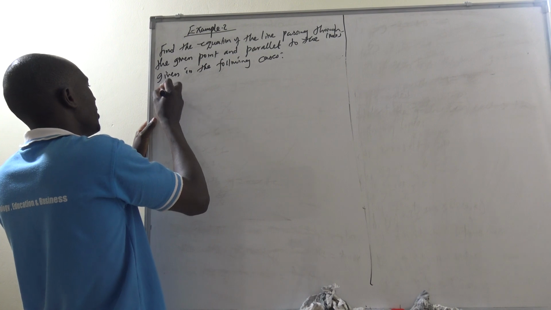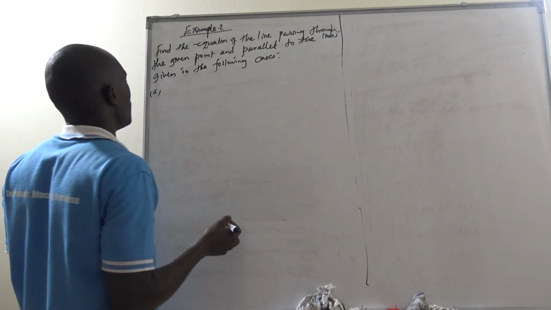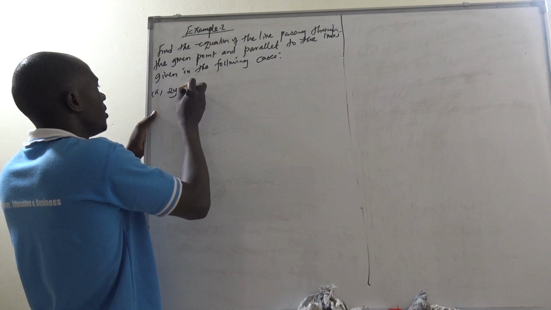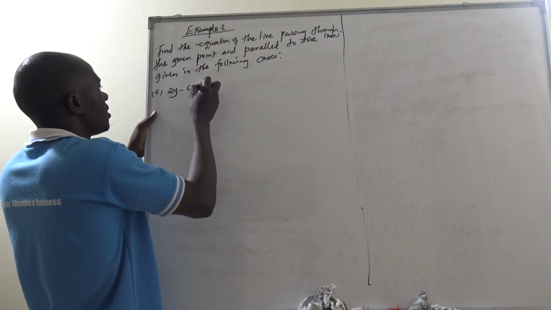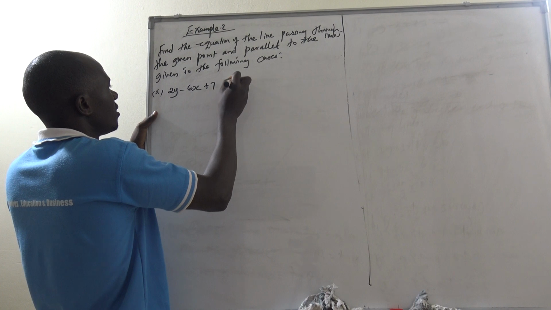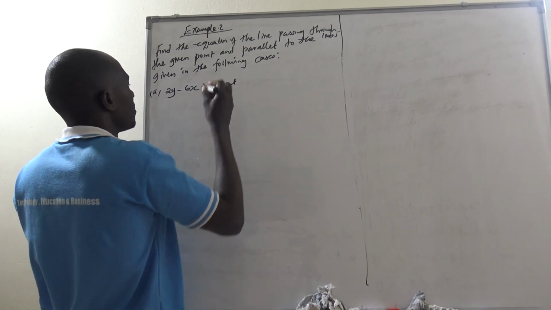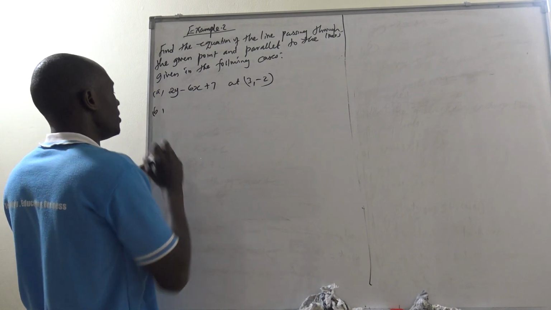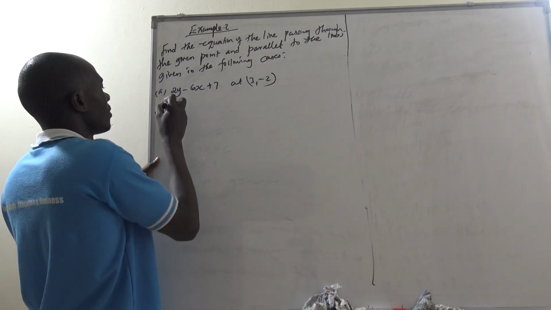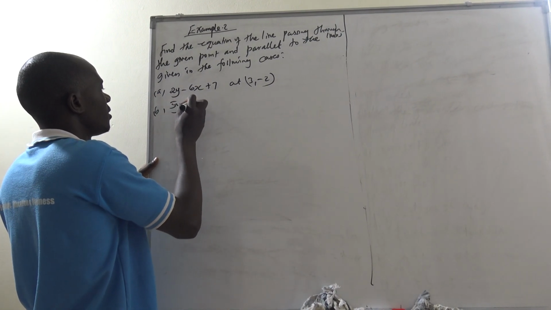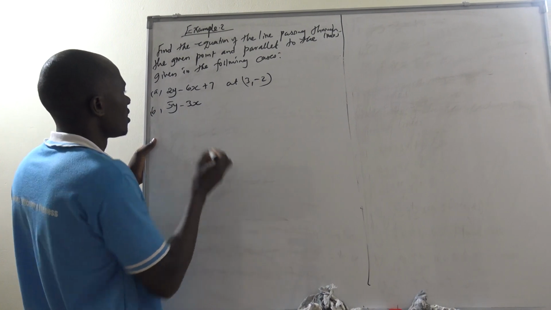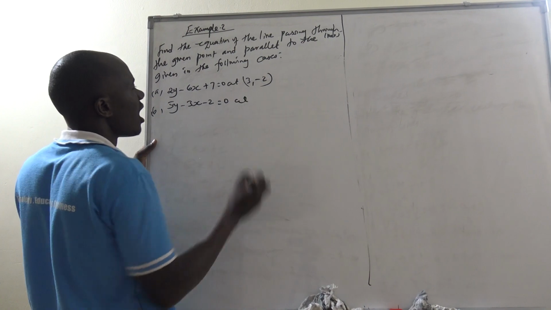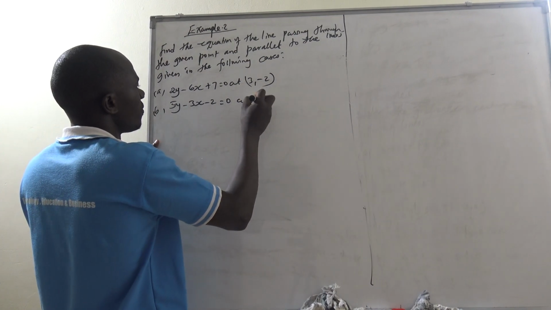Starting with part A: 2y minus 6x plus 7 at 3, negative 2. Part B: 5y minus 3x minus 2 equals 0 at 5, 4.